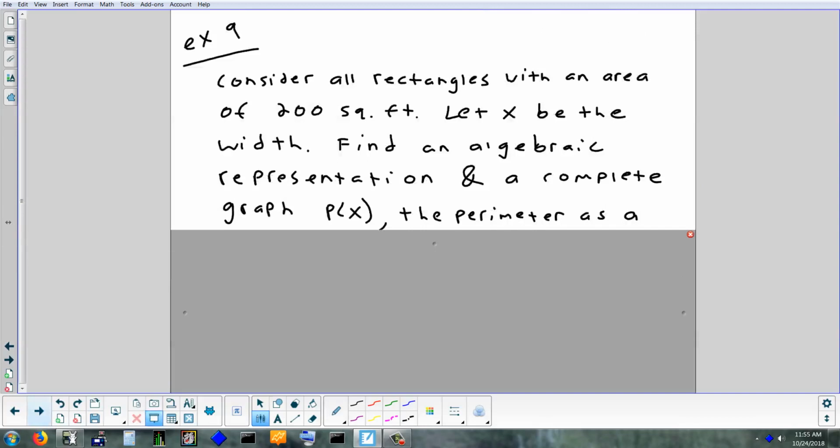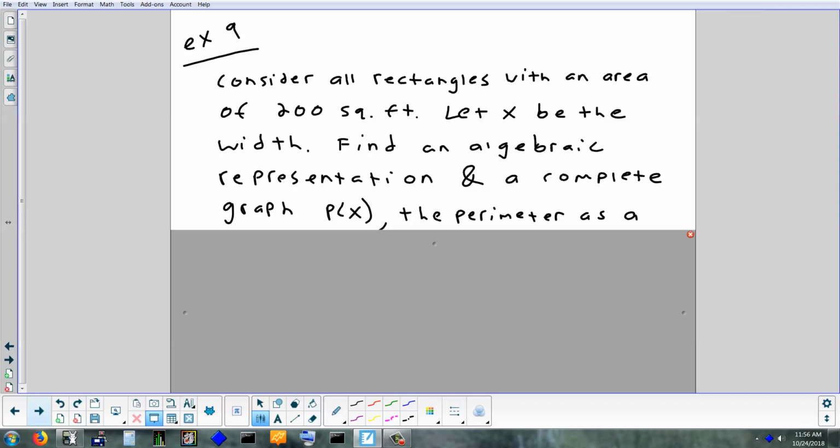It's a problem about rectangles, and we've done this similar kind of idea before. So this problem, I want you to think about all the different rectangles you could have with an area of 200. 200 feet by 1 foot, 10 feet by 20 feet, all the different ones.